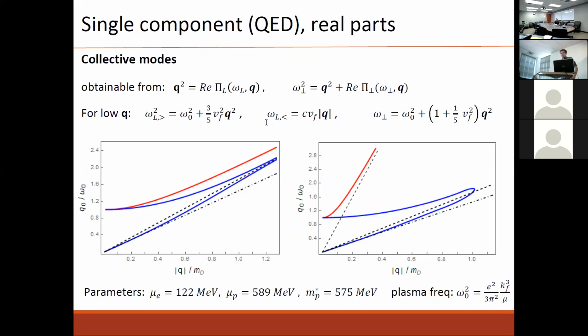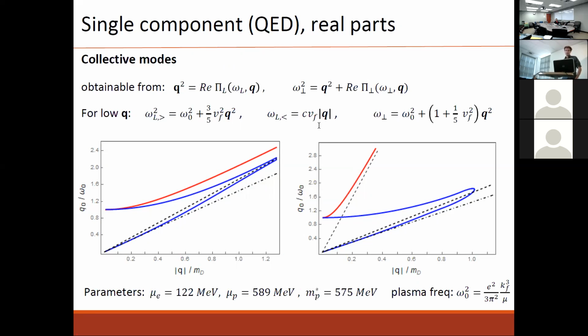If you are at very low momenta, you can actually extract analytic results. You find one plasma mode, which has a plasma frequency of e squared over 3 pi squared k_F cubed over mu, that you can work out analytically. That's actually a gapped mode. But you also find an ungapped sound-like mode in the spectrum, a mode that goes to 0.